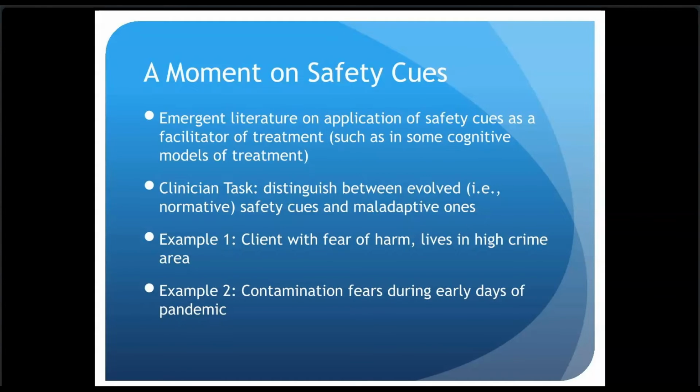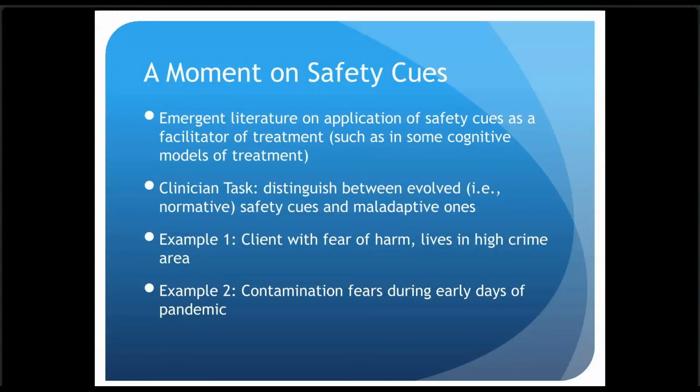And so there are a couple of examples that I have here that are worth noting. I'll think of example 2 first, contamination fear during the early days of the pandemic. Well, we were rapidly and collectively trying to figure out what are the signals of our safety and what are not.